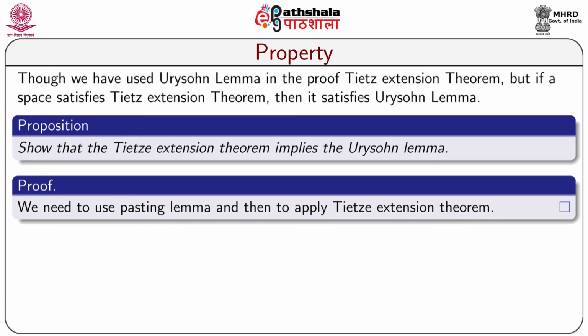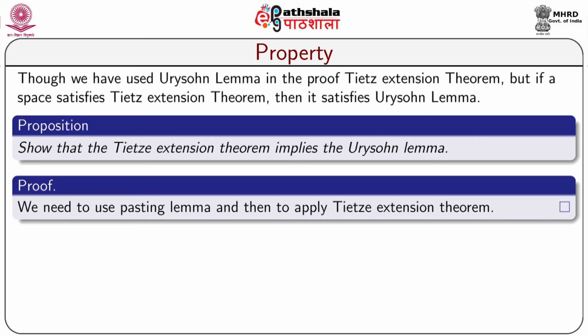To prove this, let us consider two disjoint closed sets A and B in a space which satisfies Tietze extension theorem. Now, we can consider one continuous function, say f1, which maps A to 0, and let us consider another continuous function f2 which maps B to 1.